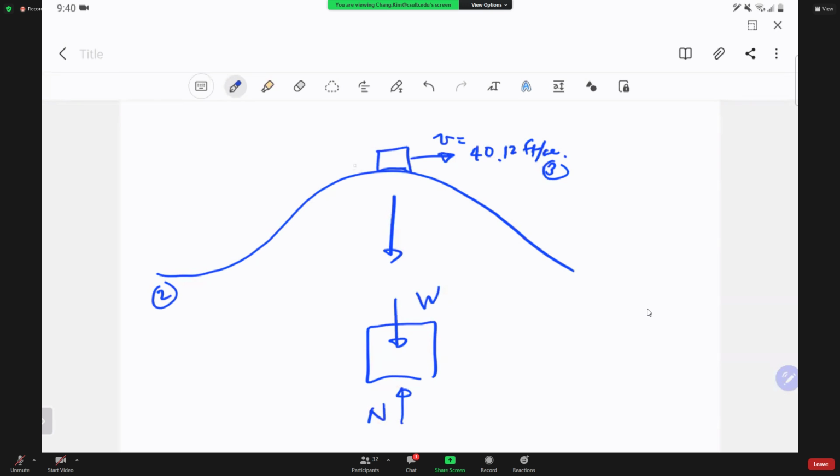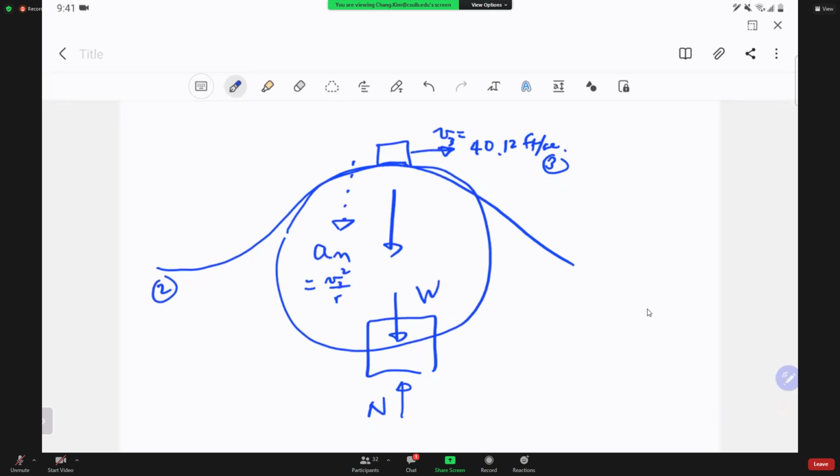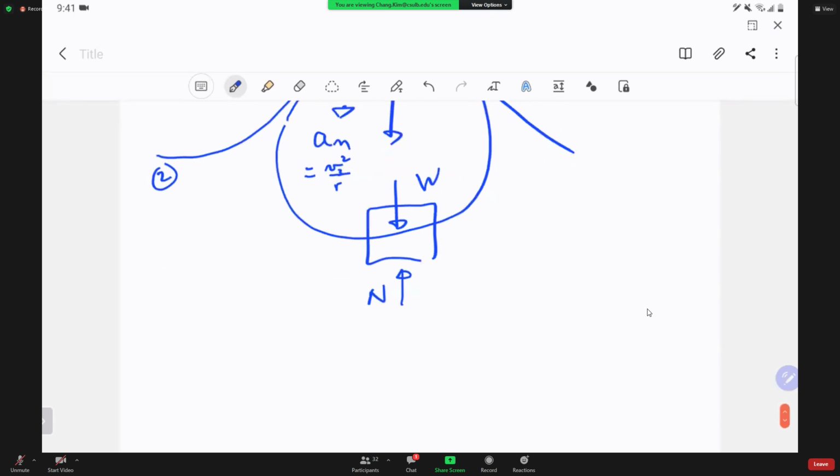In this case, the normal component of the acceleration toward the center of the curvature will be given as velocity squared divided by radius. So this is at 3. Let me just go ahead and set that up.